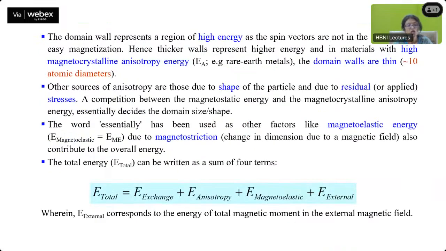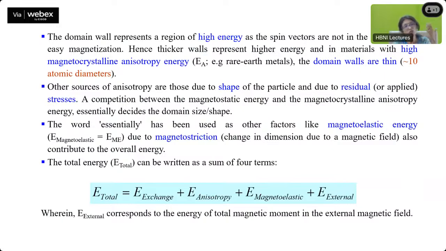The domain wall represents a region of high energy as the spin vectors are not in the direction of easy magnetization. So thicker walls represent higher energy. And in materials which have very high magnetocrystalline anisotropy energy, the domain walls are thin, around 10 atomic diameters in thickness.